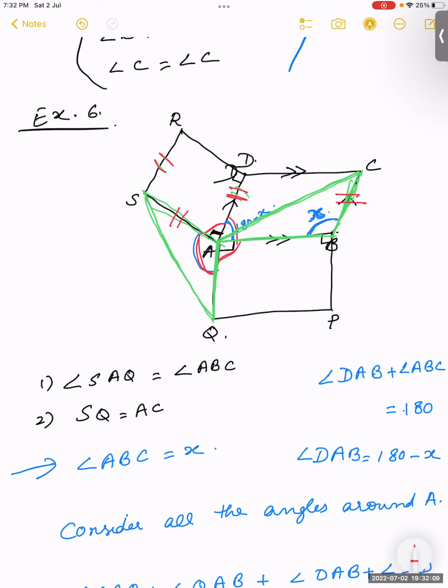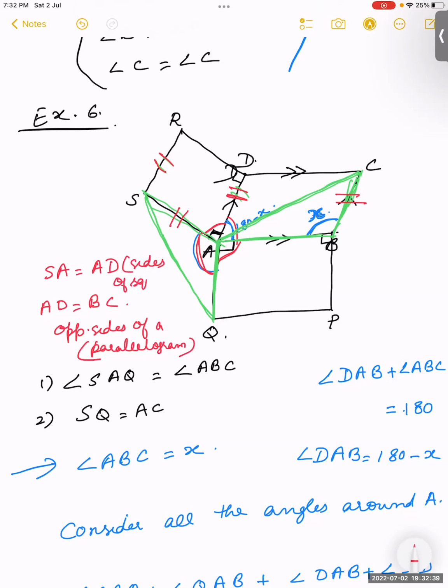So what are the equalities I mentioned? SA and AD are equal. Similarly, AD and BC are equal. Why are AD and BC equal? Because it is a parallelogram, opposite sides of a parallelogram. Whereas SA and AD are equal because they are sides of a square. Is it clear or not? Why have I considered SA equal to AD, and why have I considered AD equal to BC?